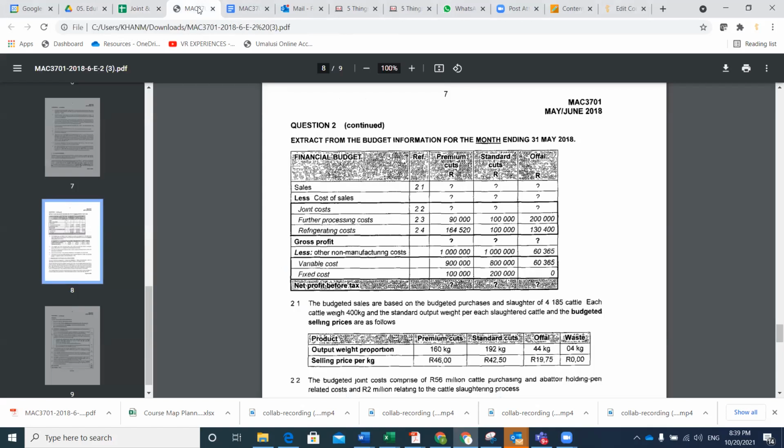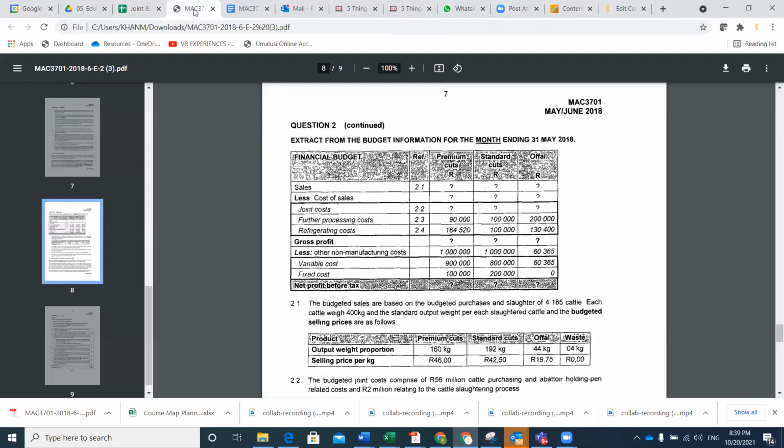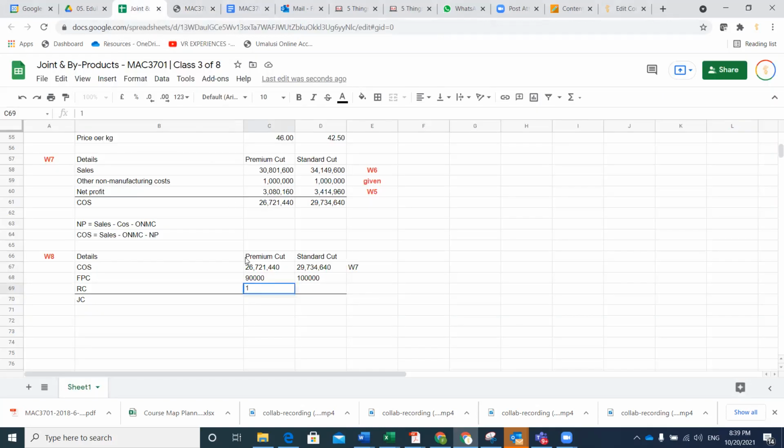other numbers is 90, 100. What was the other number now? 164, 520. What was this now? Also 100.